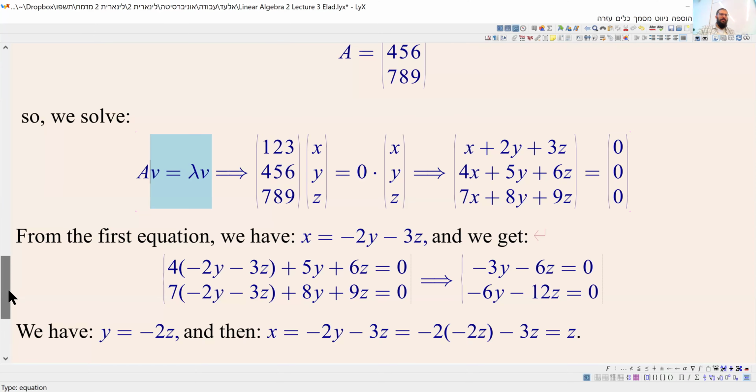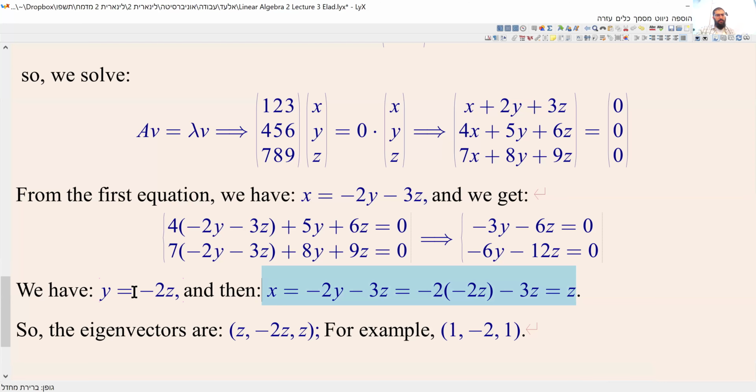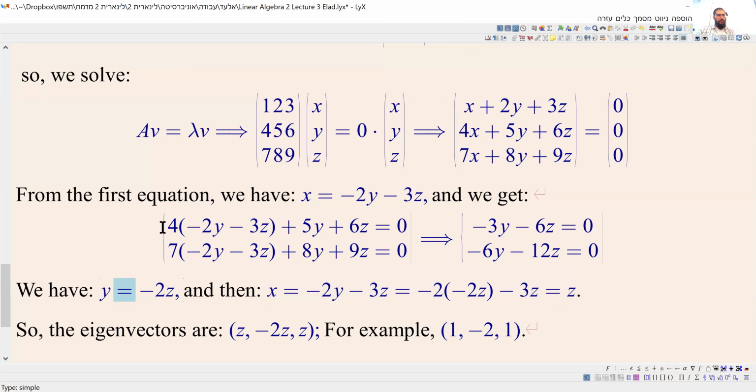So speaking of the system of equations itself, it means that you will always have at least one free variable. Here it is z. We can write x and y as expressions of z, and z is the free variable. You can plug in whatever you want. The system will work.